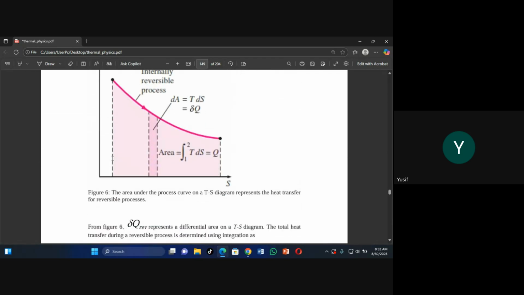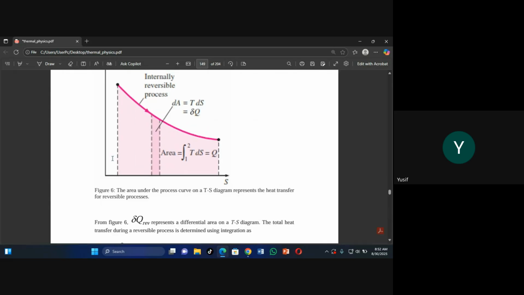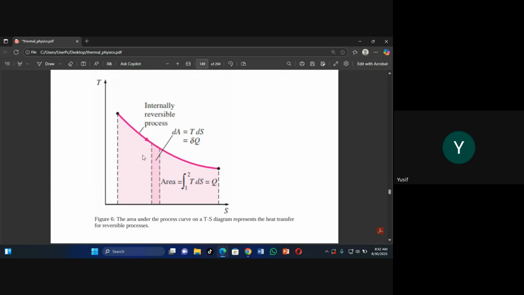So it means when you take this diagram, the area under this diagram is known as the heat. The area under this diagram is known as the heat, or the gradient is known as the heat. I hope you are making sense. Yes, I know you guys do math, so this has nothing to do with physics, it's purely math.